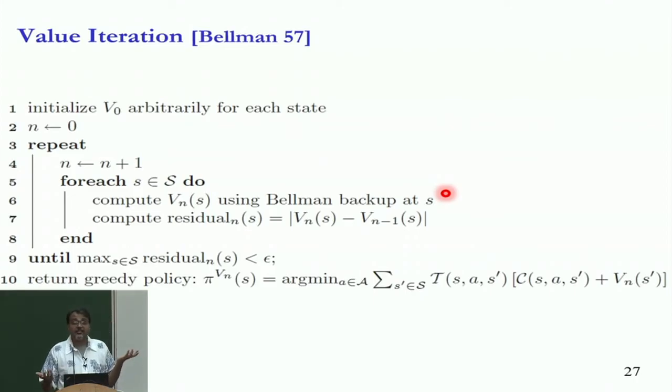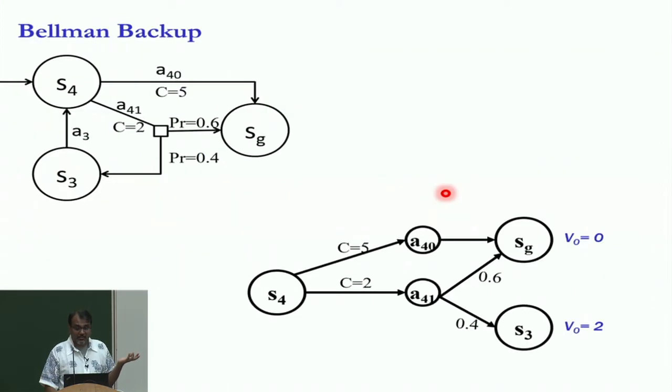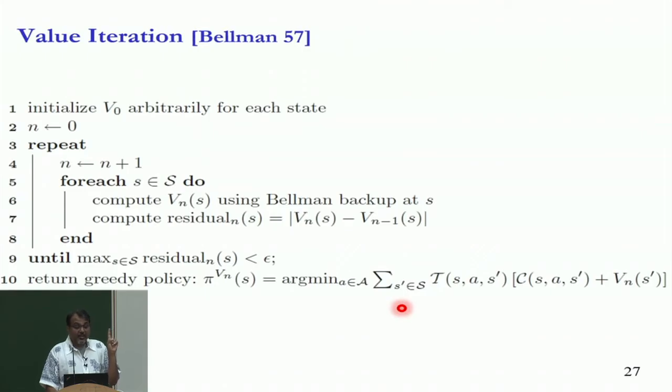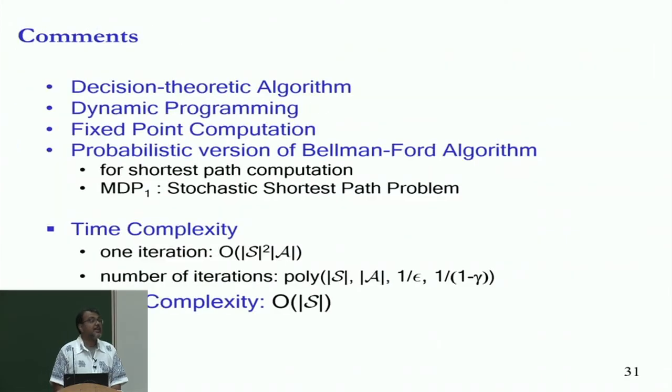All states in the worst case. You can check this. See, this is one Bellman backup. I have to do min over A, so I have to do A amount of computation, and I have to do sum over S, so I have to do S amount of computation. So, one Bellman backup is of order SA. In one iteration, I do S Bellman backups. So, therefore, my total time complexity becomes S square A.